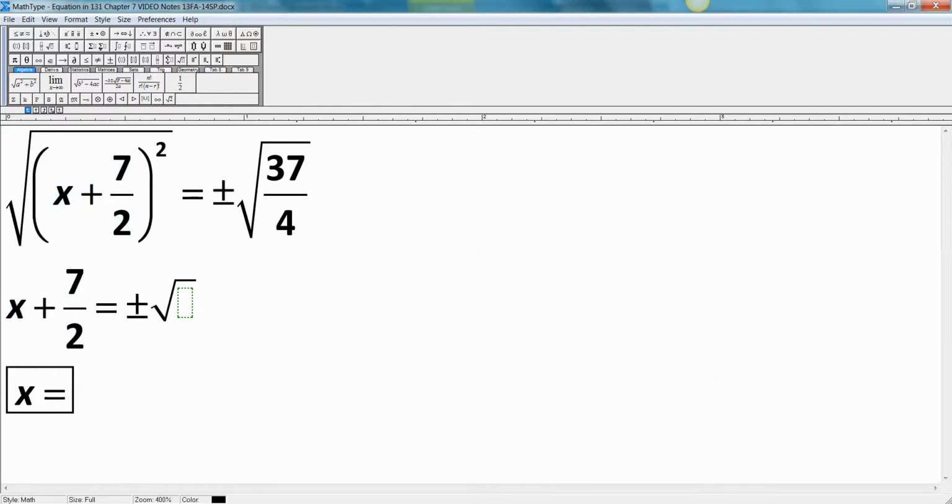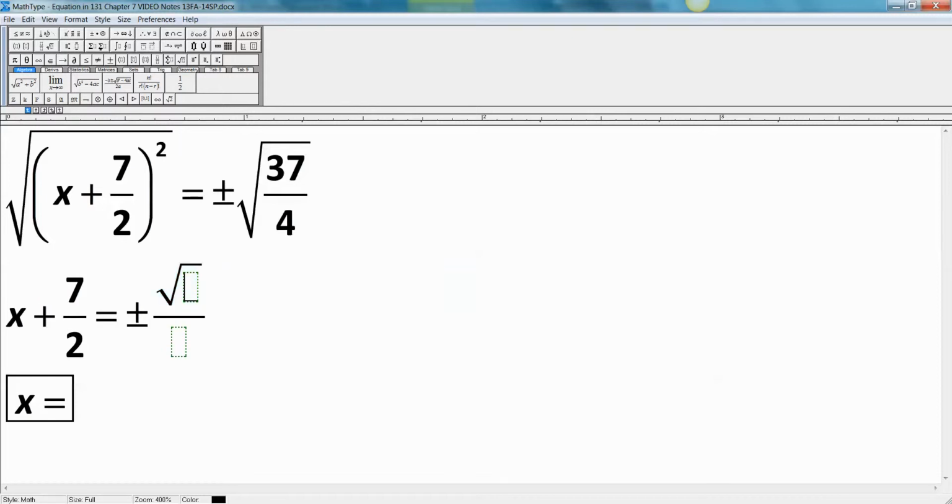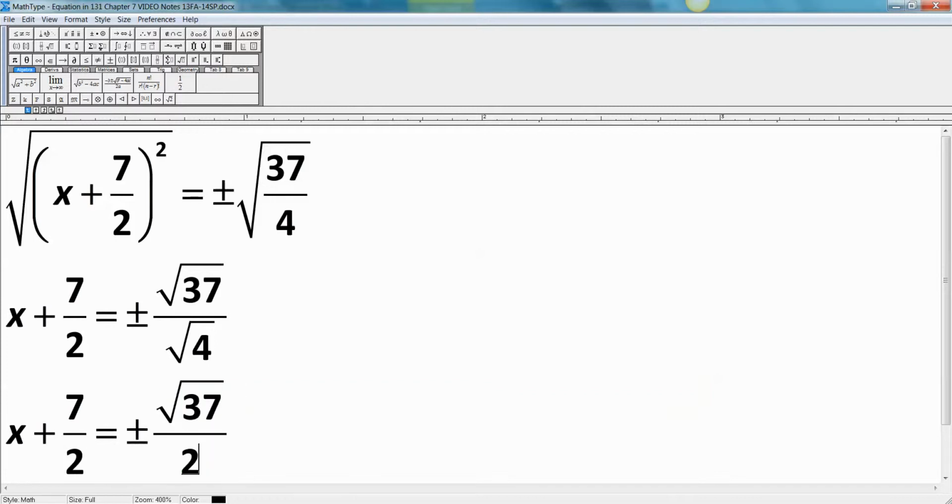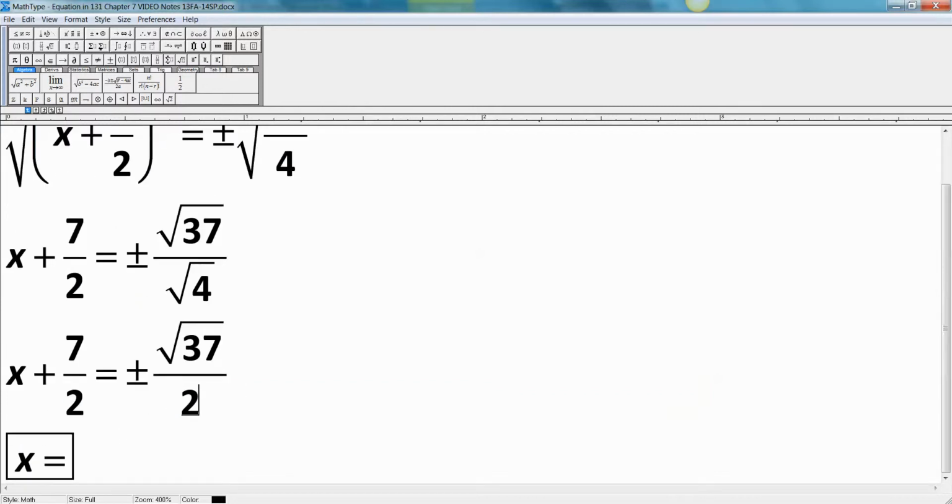Now let's see here. Let's break this down. This is the square root of 37 over the square root of 4. So that's x plus 7/2 equals plus or minus square root of 37 over 2. 37, I believe, is prime, so we don't really have to worry too much about it.